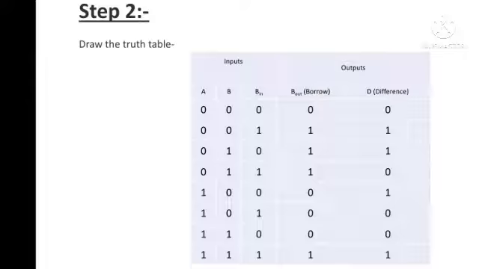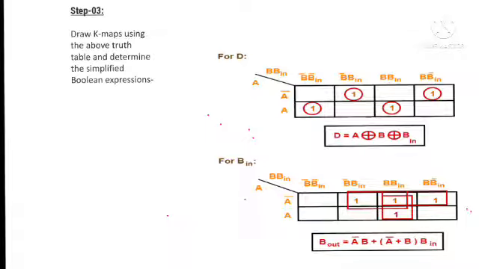and we have to loop the ones which are present in the K-map. As there is no looping possible, so we have to draw an individual one. So let's see how we draw this. This is the first one and here we get as A bar, B, B in bar.